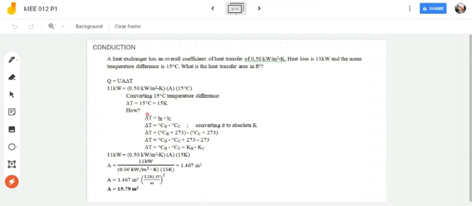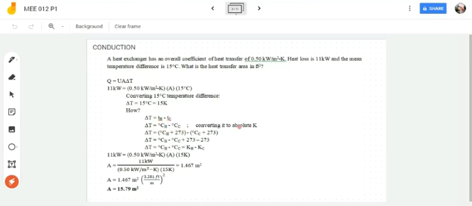Your delta T is actually equal to your T hot minus your T cold, as I have said earlier. If we use the values in Celsius, your temperature difference is the Celsius hot minus the Celsius cold.